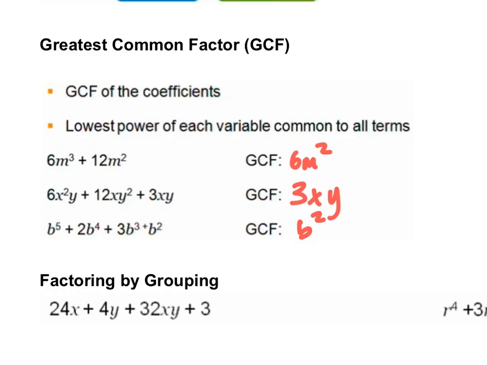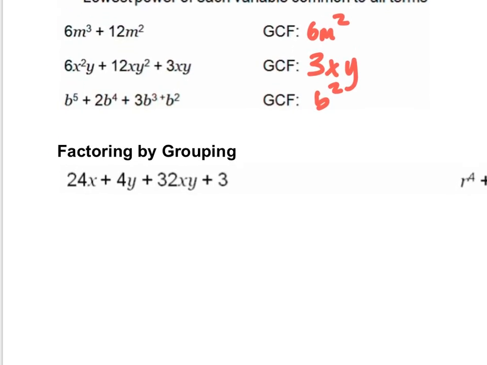The other thing we need to look at is factor by grouping. This is where you group things together so that you know what kinds of things you can factor out. One thing I'm going to do is rewrite things and basically just reorder them.